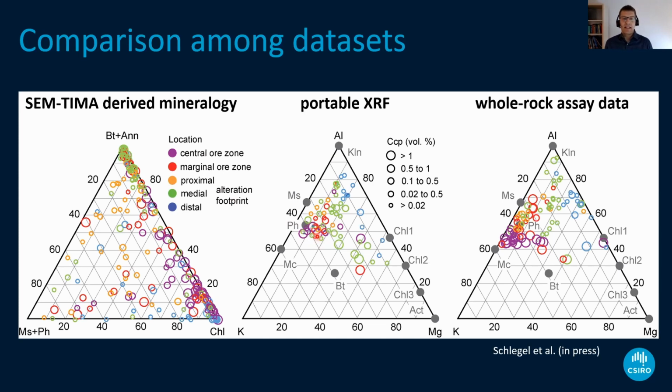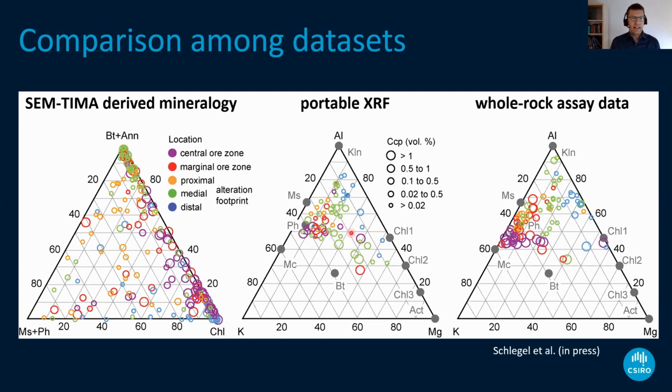If we compare this with the assay data, the results show that the ore zone is essentially K-feldspar altered. And yes, it is K-feldspar altered, but the clasts are K-feldspar altered, not the matrix. The matrix is chlorite and white mica altered.